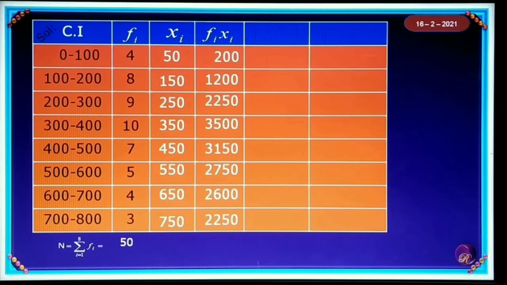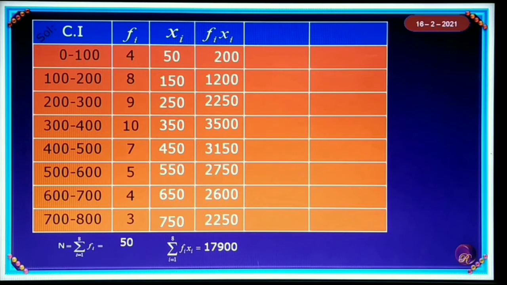Sum of these values, that is summation of fi into xi, is equal to S. What is the sum? 17,900.